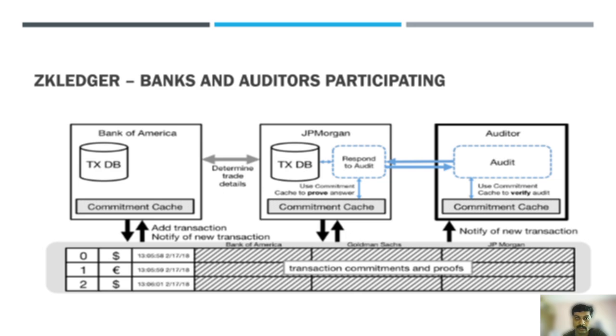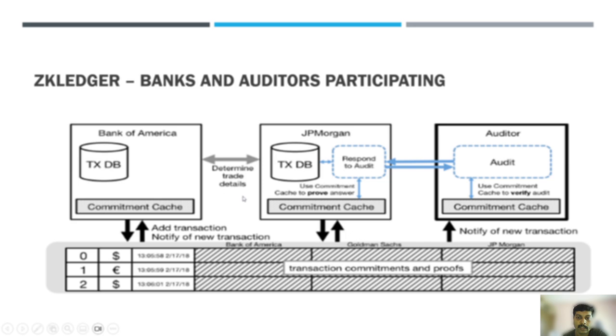So this is the basic architecture diagram, where it explains how the banks communicate and how trades can be done between the banks, which has to be very transparent and which will avoid all sorts of problems. Let's say Bank of America is transferring an amount of money to JP Morgan.